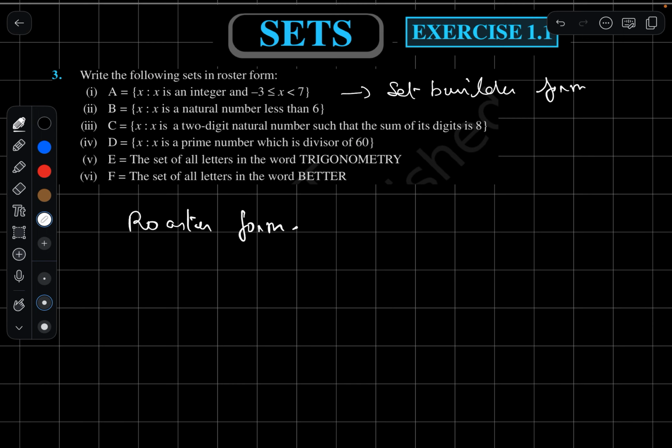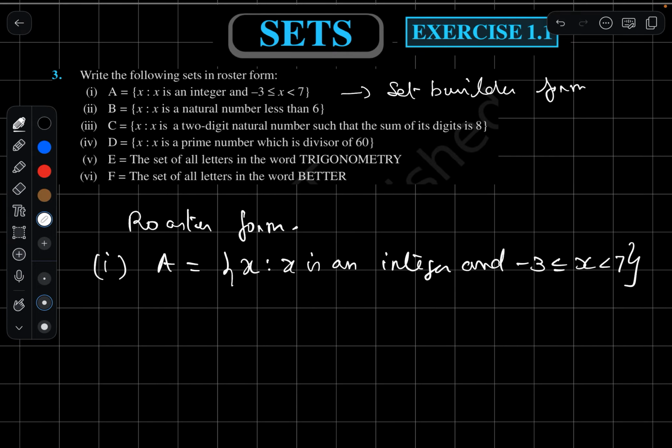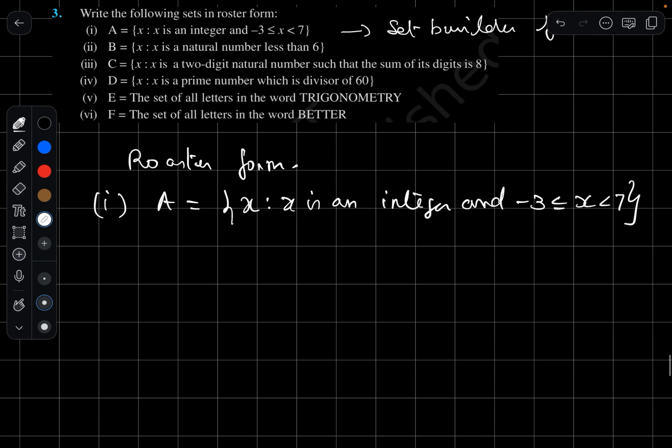So in roster form, let me do the first one, where A equals x such that x is an integer, and one more condition is given: minus 3 less than or equal to x less than 7. So how are we going to do this? To do this easily, you draw the number line. The number line will give you a clearer idea of how to write this.